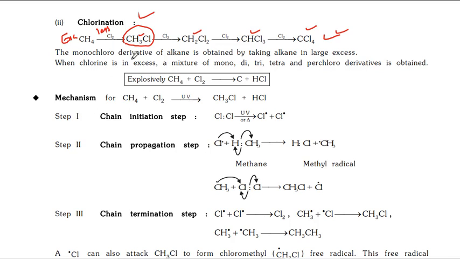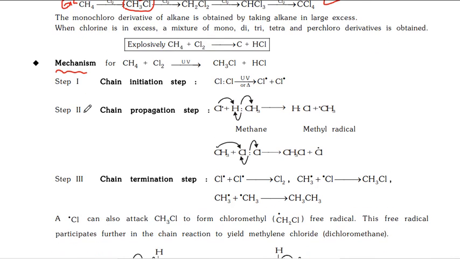Now how is this mixture of compounds forming? The mechanism: these undergo a free radical mechanism. First the chlorine undergoes homolytic cleavage, forming chlorine radicals in the presence of light. These free radicals are highly reactive and highly unstable.